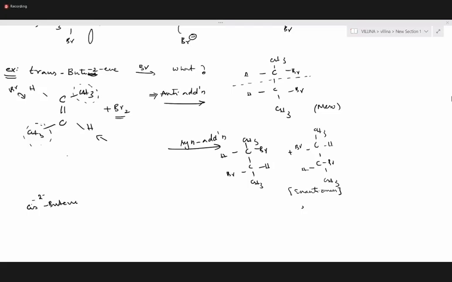Anti, in the sense that for trans, the methyl groups are on either side of the plane, right? So the bromine addition also will happen in the same way. In anti-addition, it will be added, and this will be the most preferred way of addition for trans-butene.